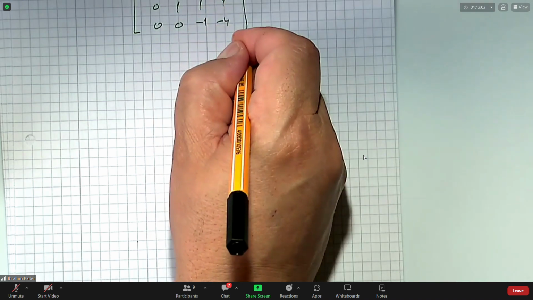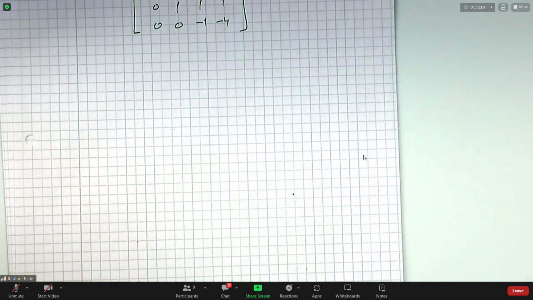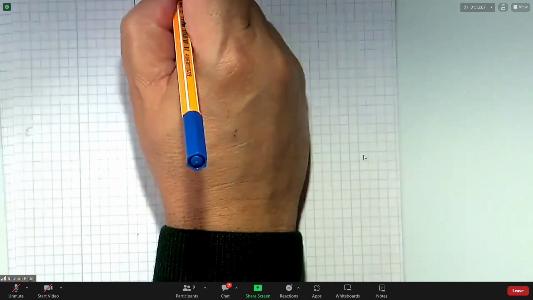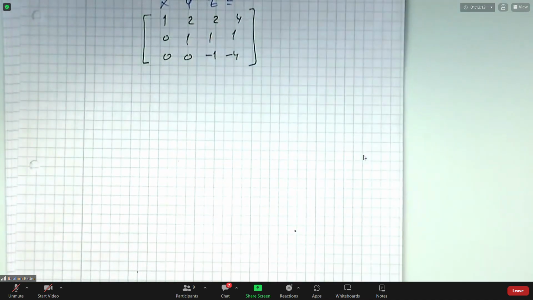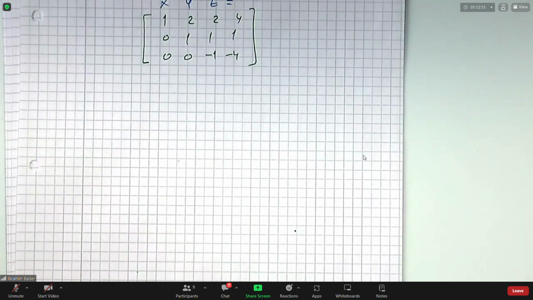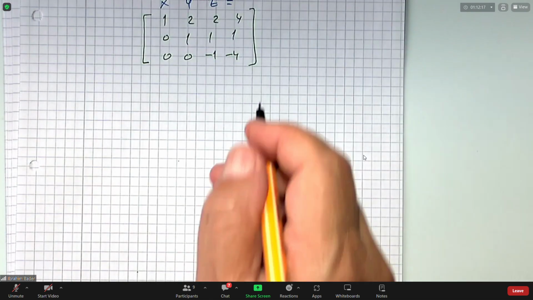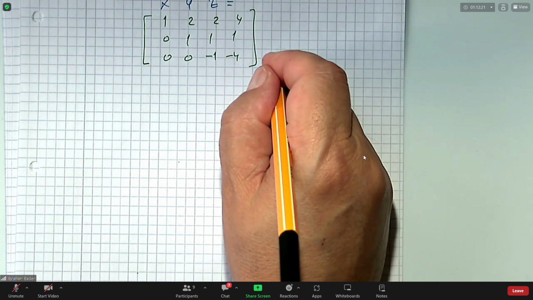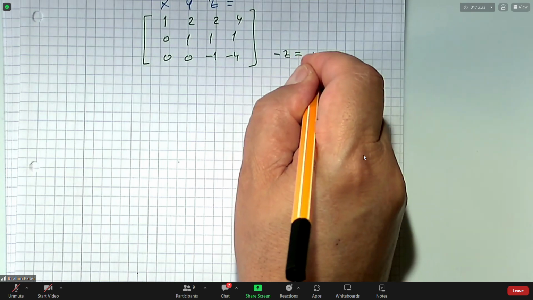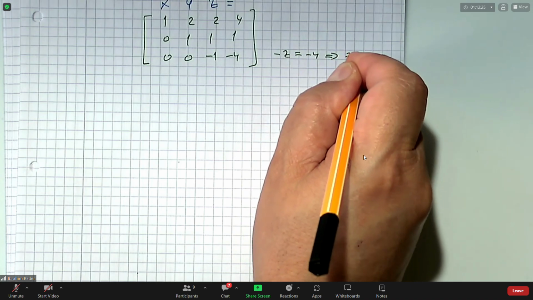Now, as I told you, bear in mind these are the X, Y, and Z coefficients, and this is the right-hand side, with an equal sign. If we start from this one, this means -Z equals -4. Out of this, we got Z equals 4.